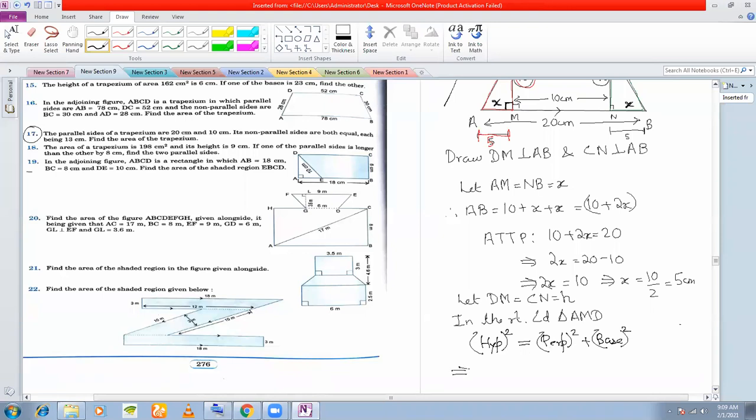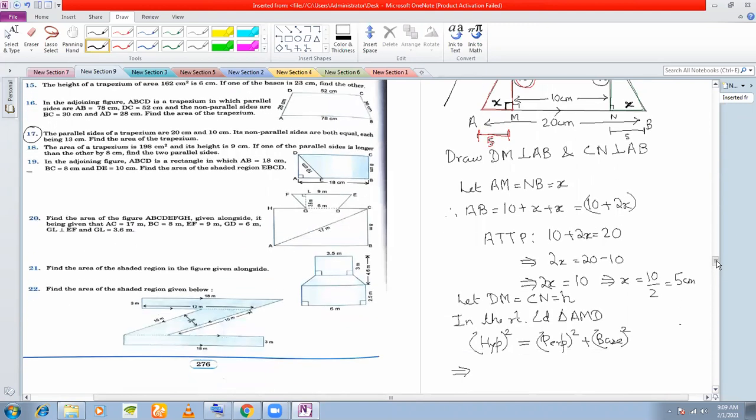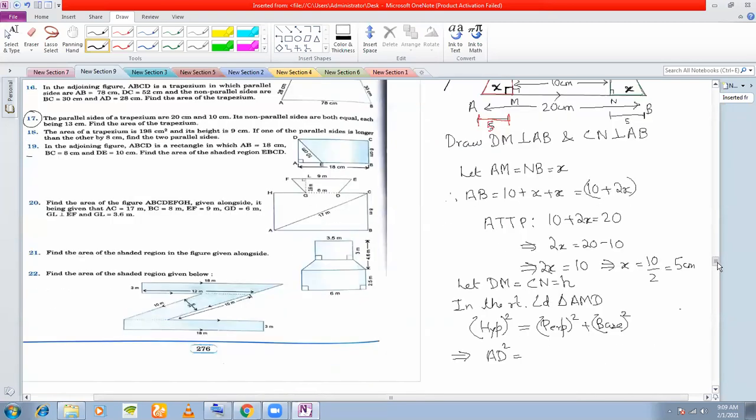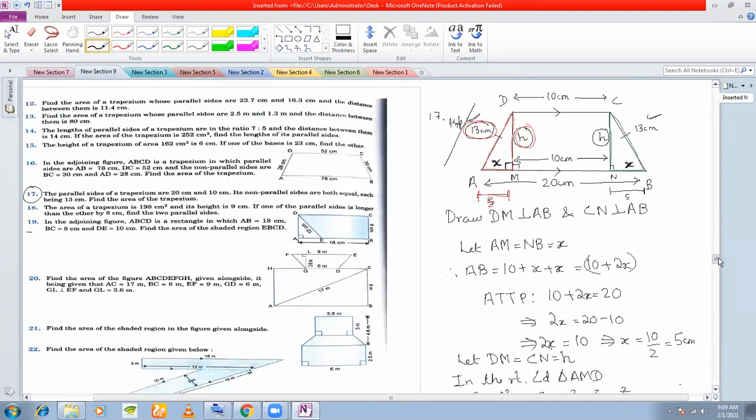Hypotenuse is AD. So AD square is equal to perpendicular DM square plus the base AM square.